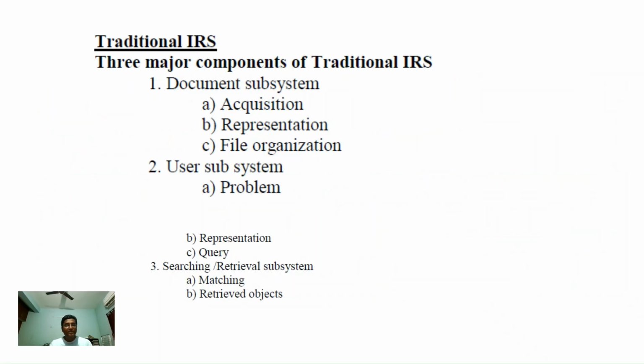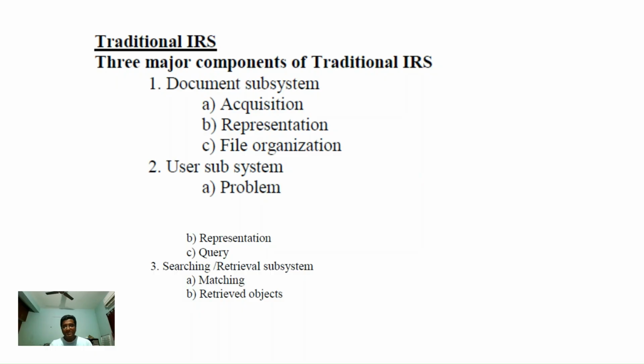Speaking about traditional information retrieval systems, there are three major components. The first is a document subsystem, the second is a user subsystem, and the third is a searching and retrieval subsystem. Under the document subsystem, we have acquisition, representation, and file organization.